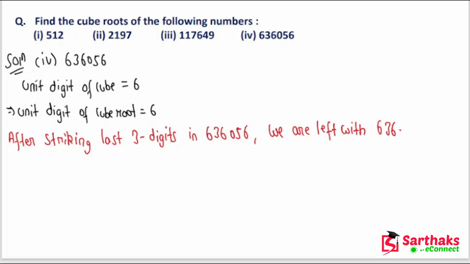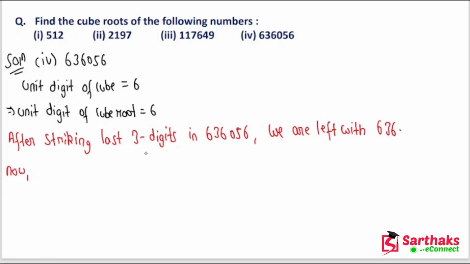So after striking the last 3 digits in 636056, we are left with 636. Now our job is to find a number whose cube is just less than 636. So let us see that 5 cube is 125, 6 cube is 216, 7 cube is 343, 8 cube is 512, and 9 cube is 729.